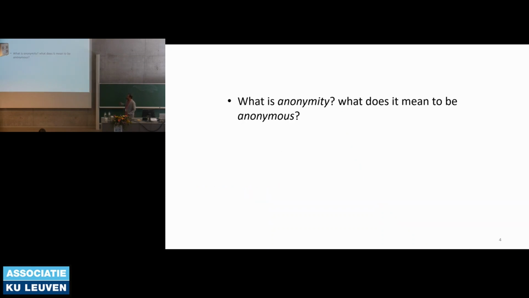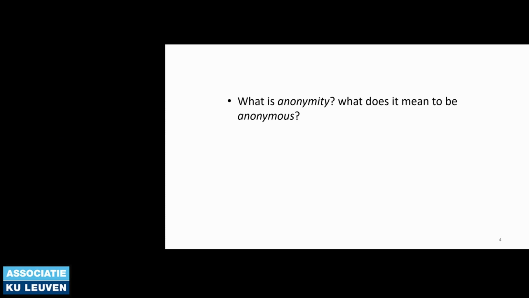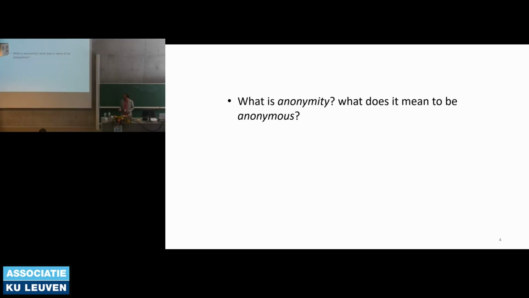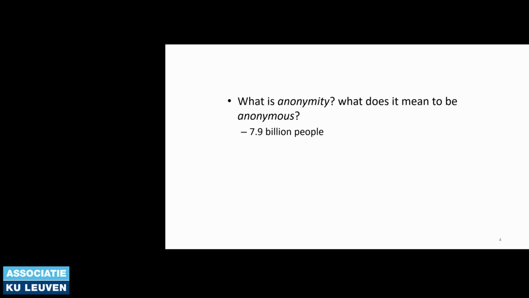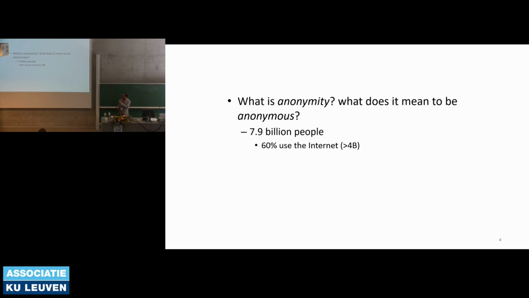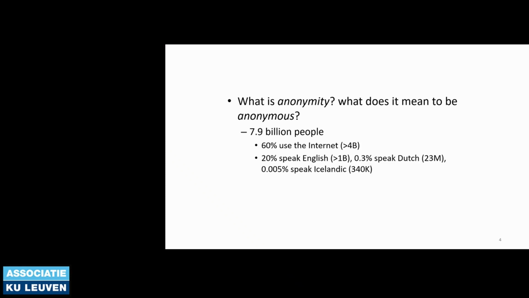So what does it mean to achieve anonymity, or how easy is it to achieve anonymity? Let's take an example. Let's assume there are 7.9 billion people in the world. And suppose you are on the KU Leuven campus and you are accessing the internet and you want to be anonymous. Out of those 7.9 billion, only 60% would use the internet, or significantly use the internet.